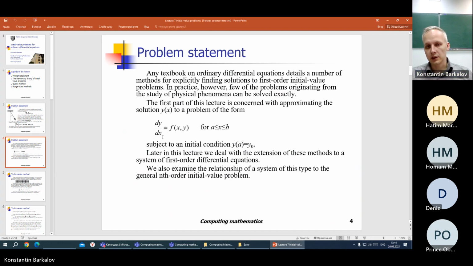We have a differential equation y prime equals f of x, y, and we have the initial condition y of a equals y0, and we are going to find a solution to this problem. The actual solution is some unknown continuous function y of x.